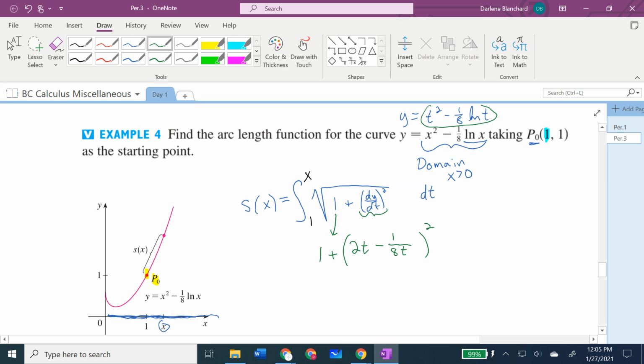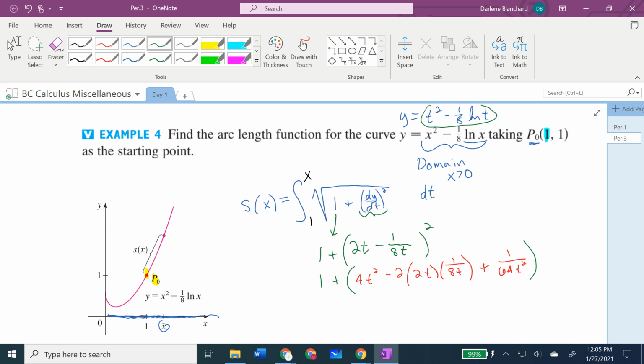Now carefully square your binomial. Square the first term, minus 2 times the first times the last, plus the square of the last. And take a good look at that middle term.